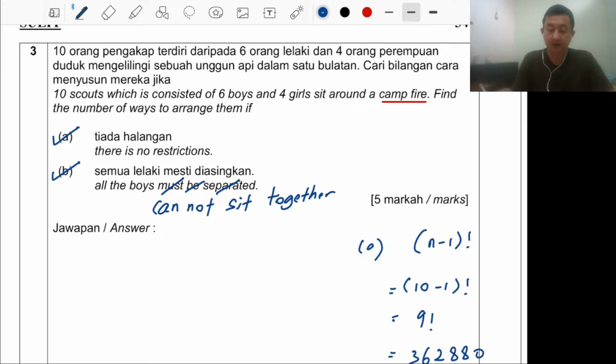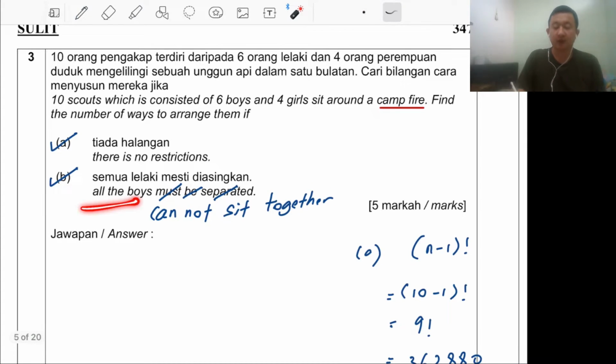Meaning, as long as we are excluding the case of all the boys sitting together, that should be the answer. It's okay if 2 boys or 3 boys sit together, as long as not all the boys sit together.